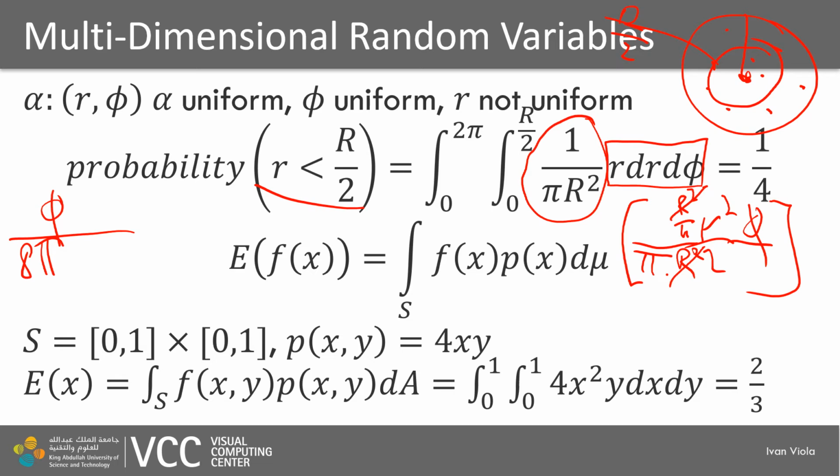So if phi is equal to 2 pi, then we can get rid of the pi and 2/8, so the value will be 1/4. So the probability that our random variable on the disk will be picked from the smaller disk with the radius r half is equal to 25%, 0.25, or 1/4.